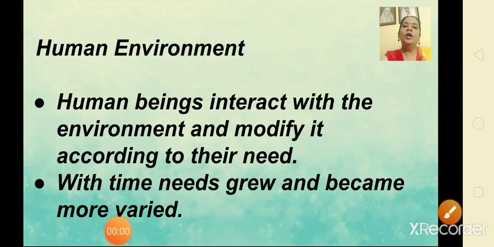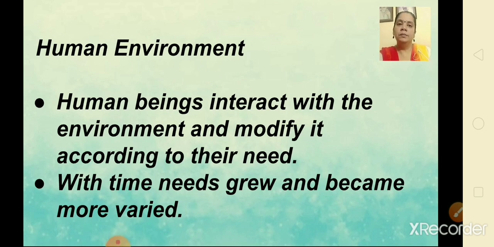Human beings interact with the environment and modify it according to their need. Early humans adapted themselves to the natural surroundings. They lead a simple life and fulfill their requirements from the nature around them.